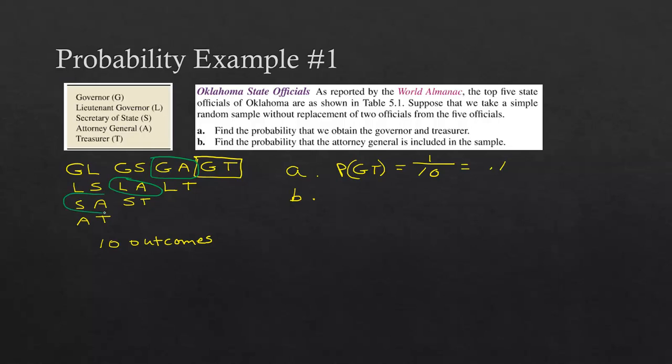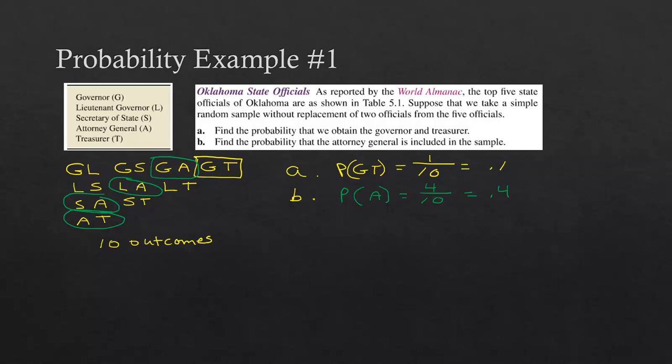We have one here. And we have one here. So that's 4 places where we have the Attorney General present. So the probability that we do have an Attorney General is 4 out of 10, which is 0.4 or 40%.